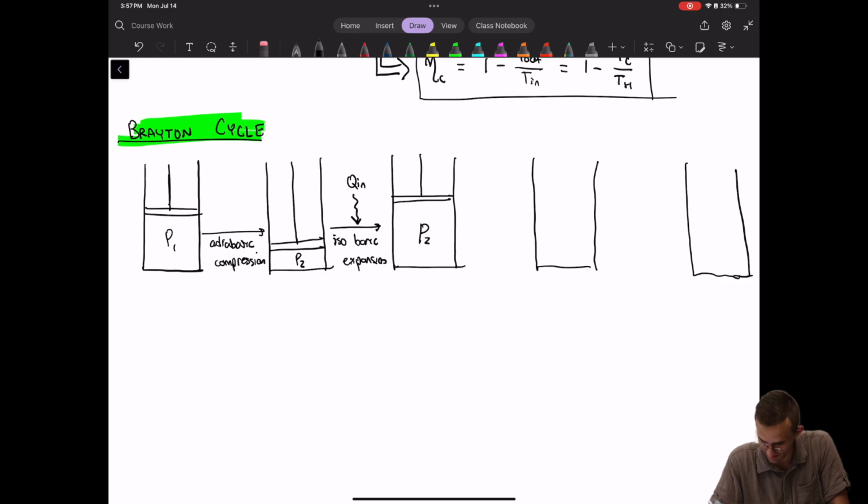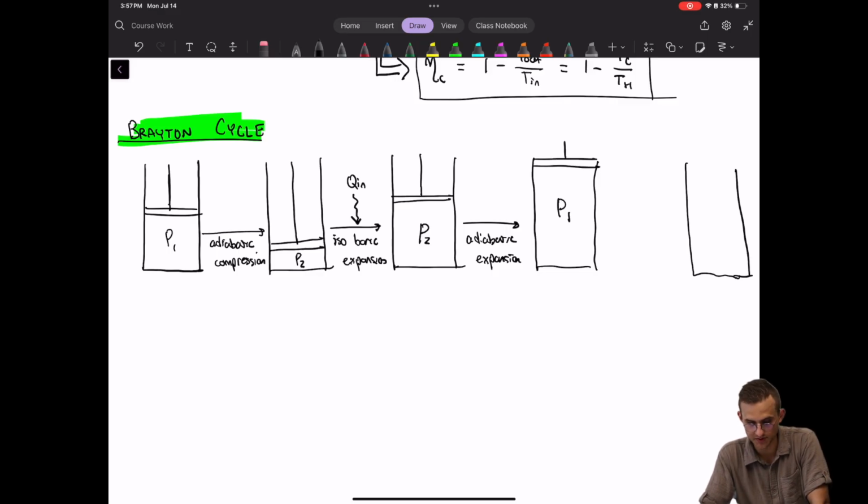Okay, and then you have another adiabatic expansion. So no heat transfer happening during this expansion up to the highest point, P1. Okay, so there's no heat transfer, but the pressure is changing.